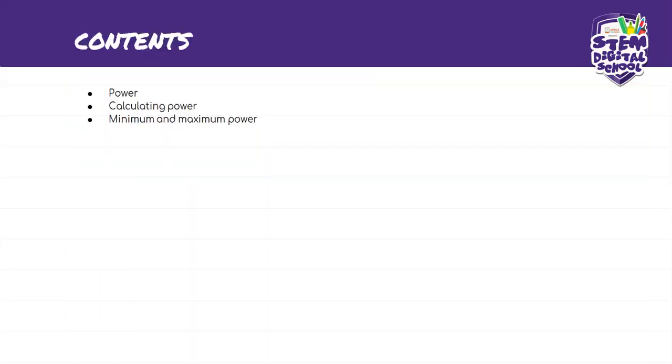So what are we doing today? Today, it's not much that we're going to be doing. We're just going to be doing power. Remember, it's work, energy, and power, so now we're doing the third element of this chapter.